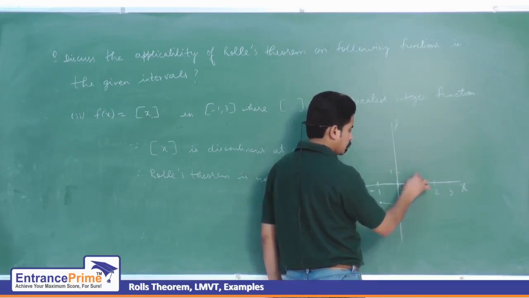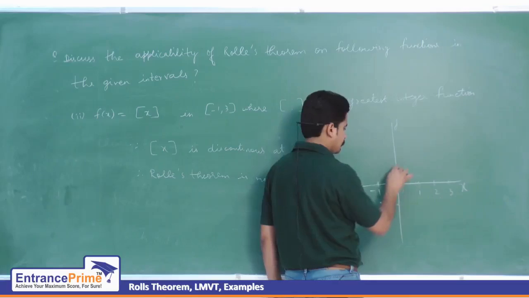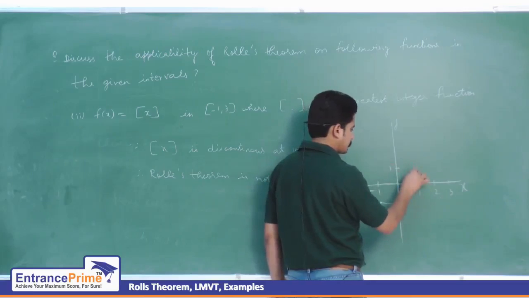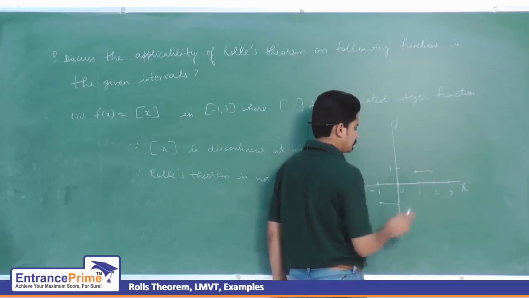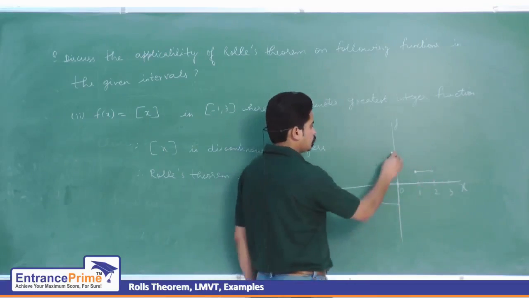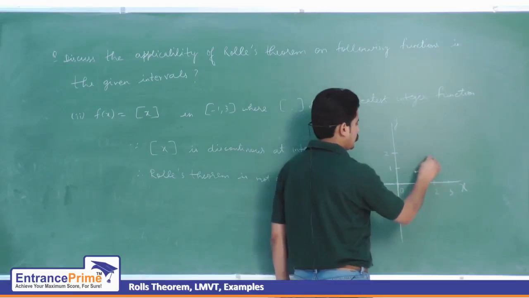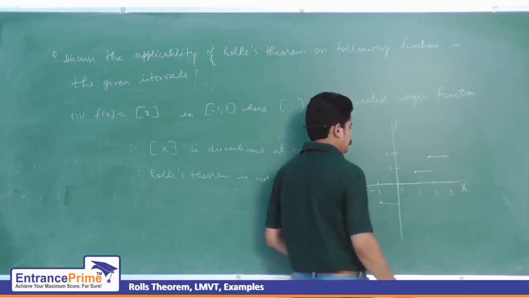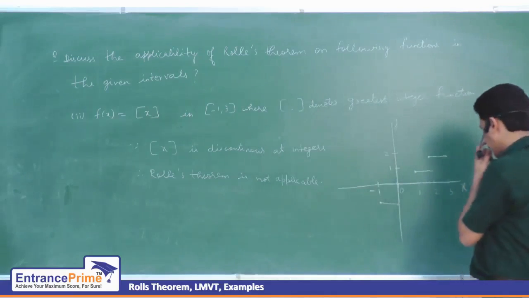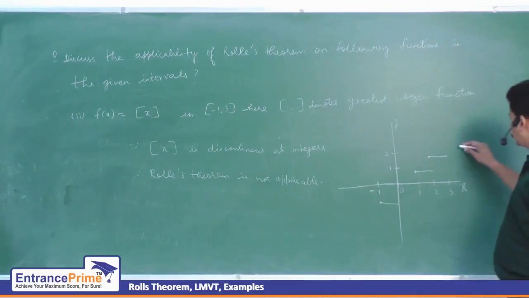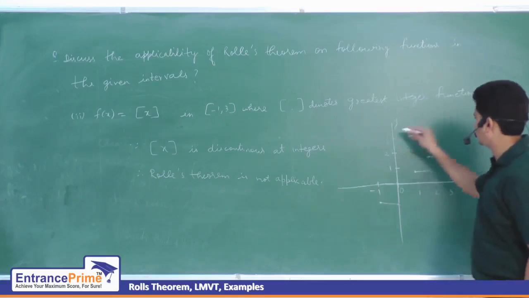For 1 to 2 the value will be 1, and finally for 2 to 3 the value will be 2, and for x equal to 3 the value will be 3.